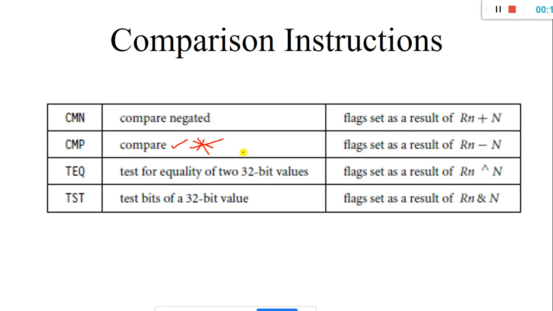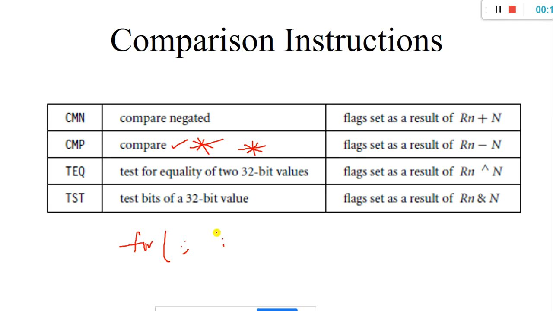Most of the time we use these instructions for programming, because whenever we go for a for loop in C programming, we initialize the value, then we check the condition whether a particular thing is reached or not, and based upon that we either decrement or increment the initialized value.